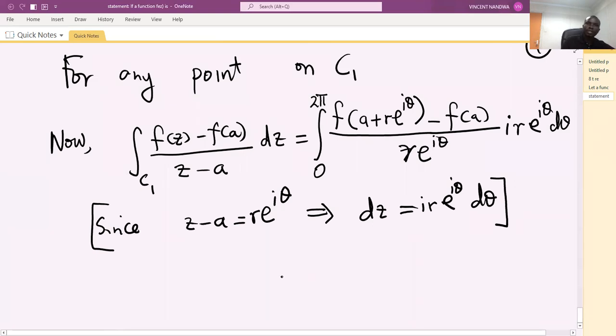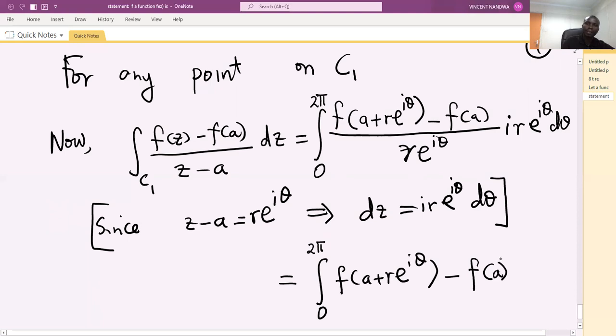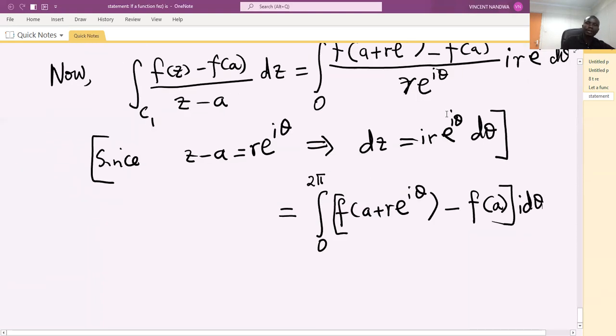So this will give us the integral from 0 to 2 pi of f of a plus r e raised to power I theta, minus f of a, multiplied by I d theta, and this will give us 0 as r tends to 0.